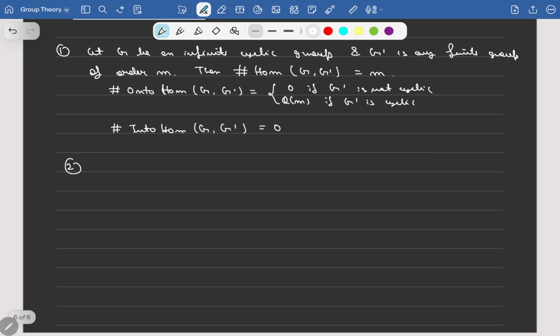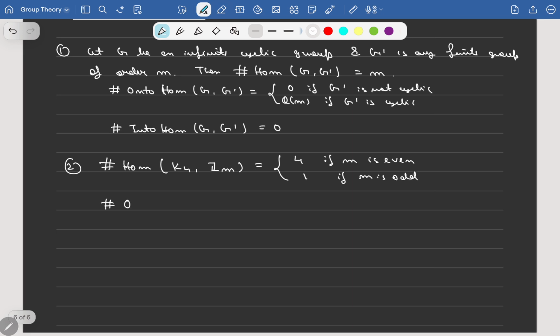Number 2. Let me just think of something. Yeah, I can typically try and do this particular thing. Should I give this a result or not? Okay, so the number of homomorphisms from the Klein 4 group to Zm is 4 if m is even and 1 if m is odd.